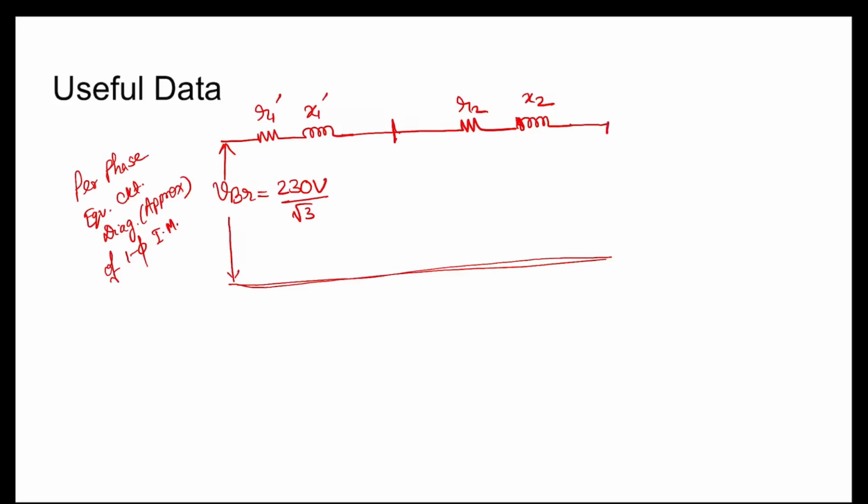And here I have a dead short circuit, because the rotor is blocked, there is no speed. Slip equals synchronous speed minus rotor speed divided by synchronous speed, where rotor speed is 0, so slip is 1. So R2 fully appears.